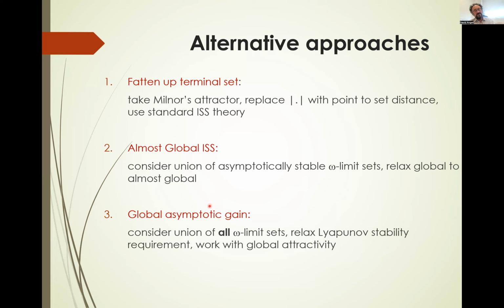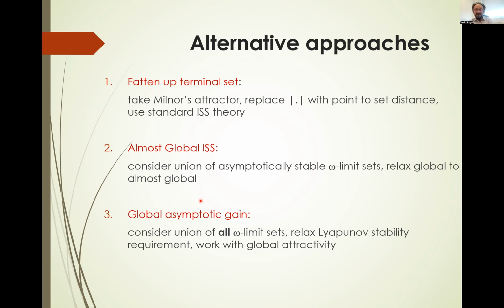The alternative, which is the most recent one that I've been pursuing, however, is the one that basically relaxes the stability requirement of input to state stability. And basically, we really look at what you could call input to state attractivity, if you like.